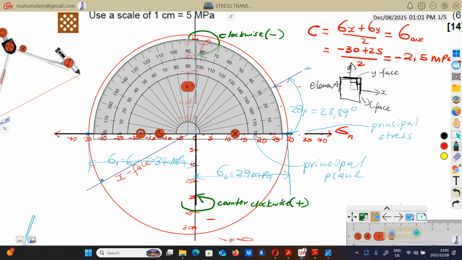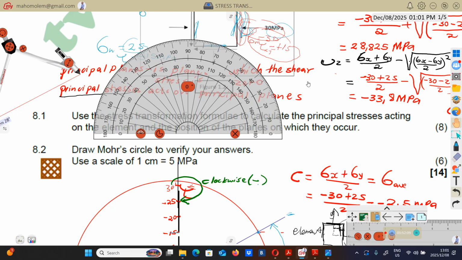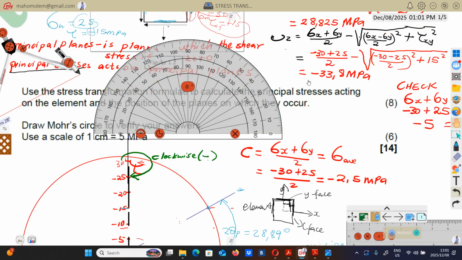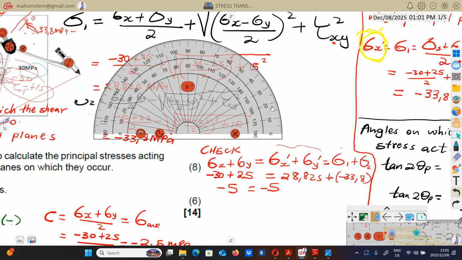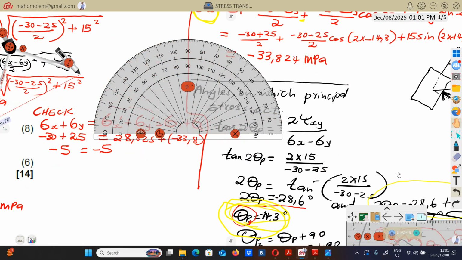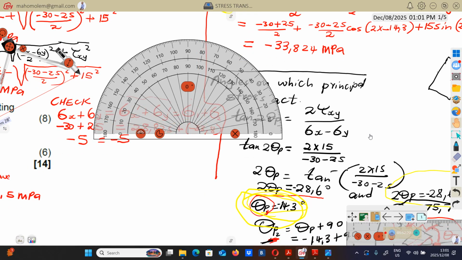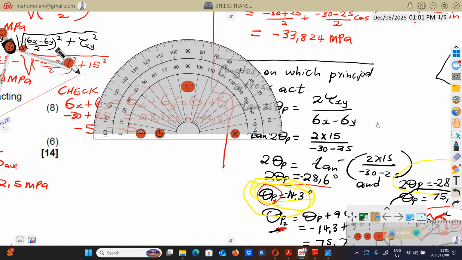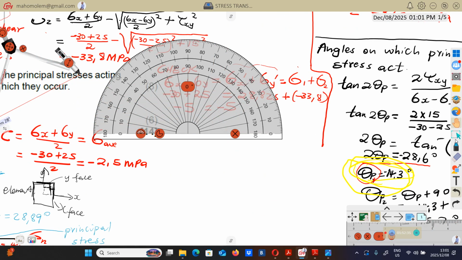How much did we get there? We got 28.6. All right, they are corresponding, that is fine.